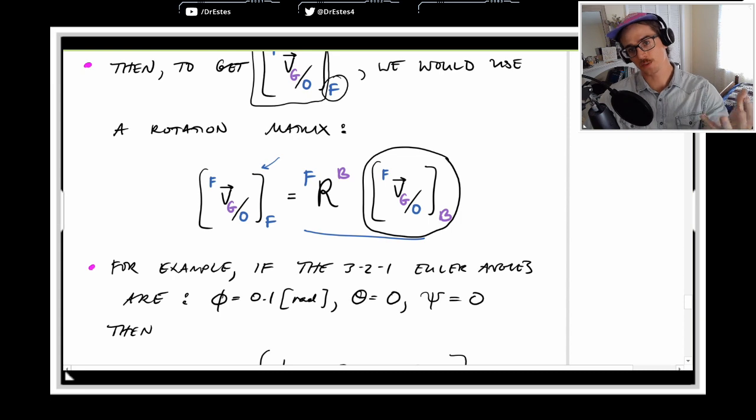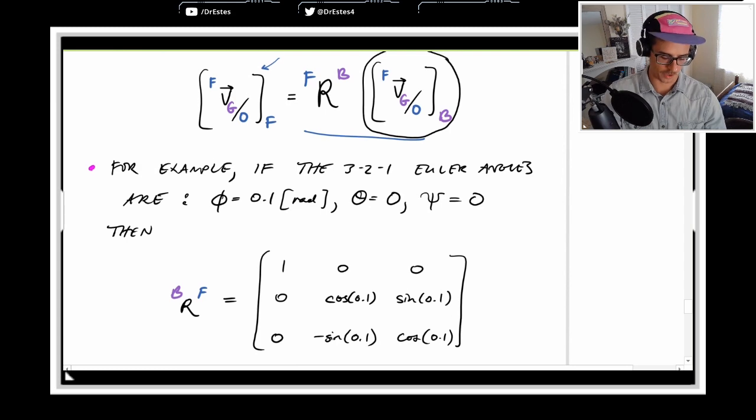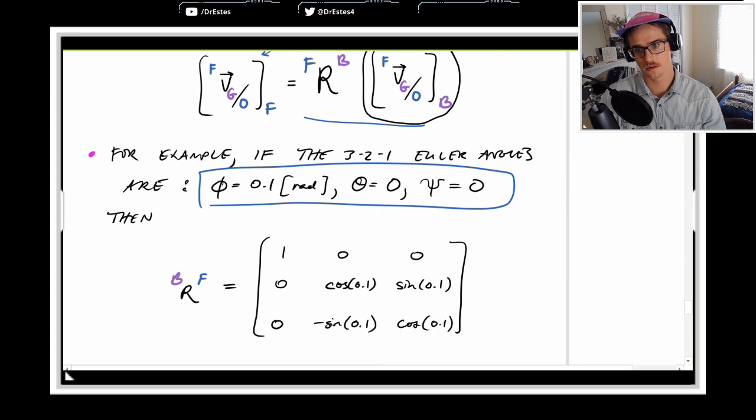So how do you get this rotation matrix? Well, we've derived it in class. We've parameterized it in terms of Euler angles. So you have that matrix equation written out in terms of Euler angles. In the problem statement, we said these are our Euler angles, so if you plug them into the formula for the rotation matrix, you're going to get this.